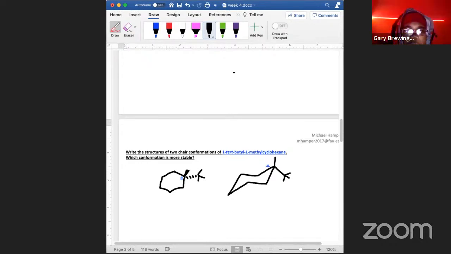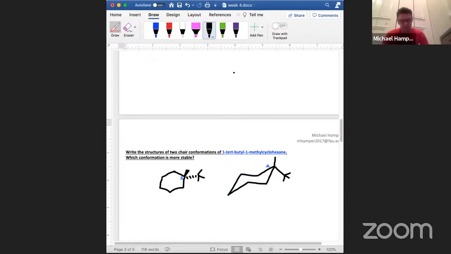I had a question. The tert-butyl is the biggest thing there, just because there's so much on it. So that being equatorial makes it the most stable. So the biggest group has to be equatorial, right? Correct.